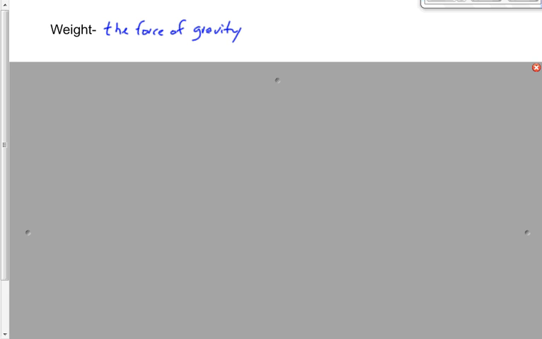Now, how do we find the value of your weight, the force of gravity? Well, normally we're just going to say the force of gravity is equal to m times a, right? The equation we just learned. But specifically, a would be, in the case of the Earth, 9.81 meters per second squared. In the case of the moon, it would be about 1.6 meters per second squared.